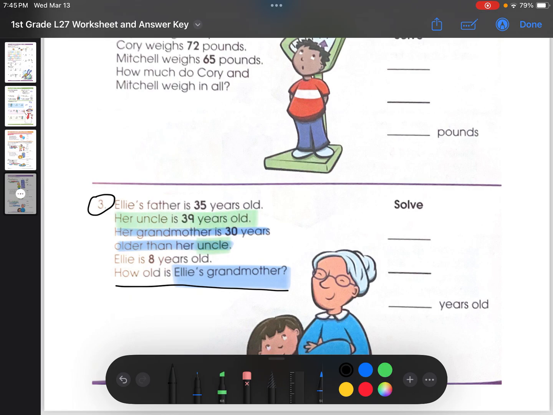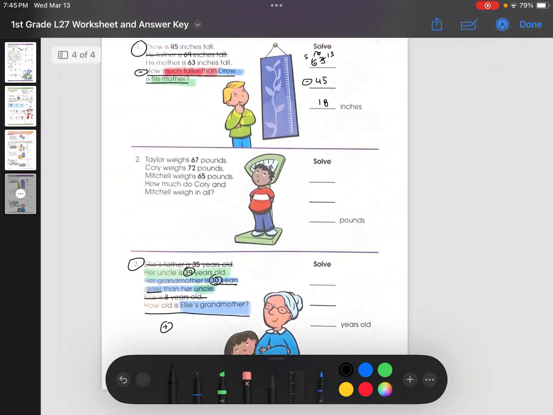This means that this and this are irrelevant, so we can cross those out. And if it's 30 years older, that means we have to add, because we have to find the total to find Ellie's grandmother's age. So it would be these two numbers and then addition. So you guys can try figuring it out from here.